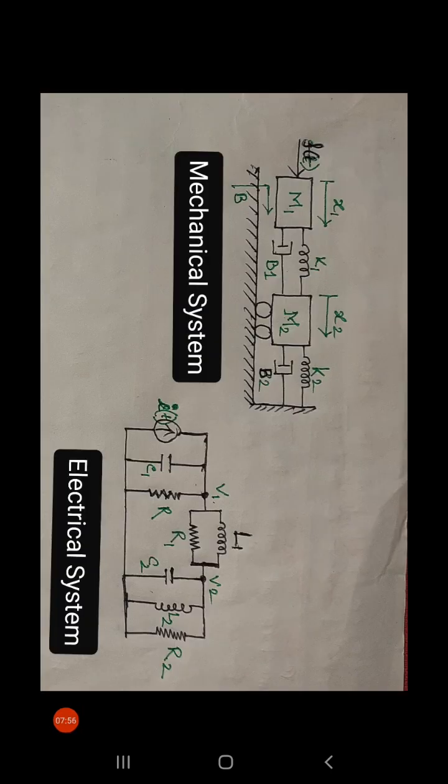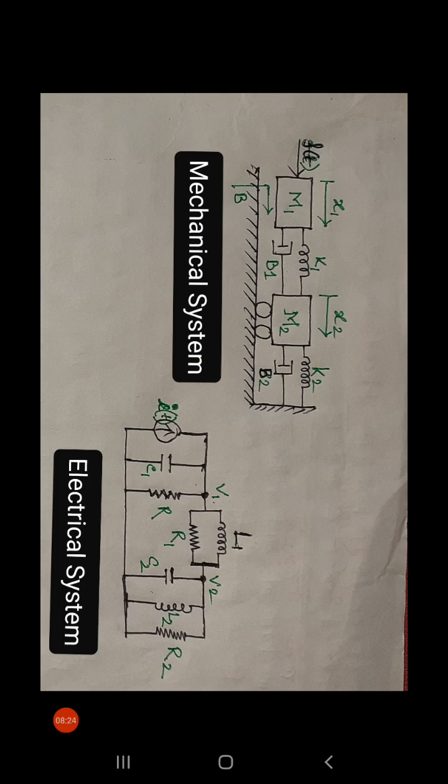See, in force current analogy, nodes are important. So how many nodes will we have in the analogous electrical system for the mechanical system mentioned in this example?